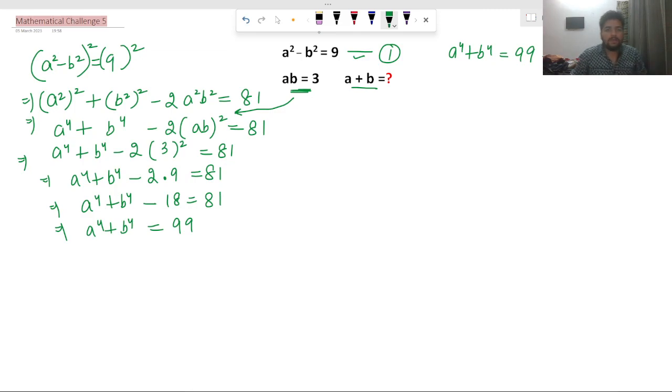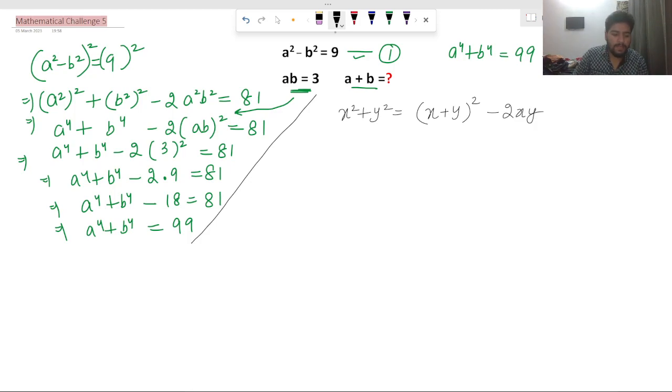Now we know that using an identity, x square plus y square can be written as x plus y whole square minus twice of xy. We can use this.